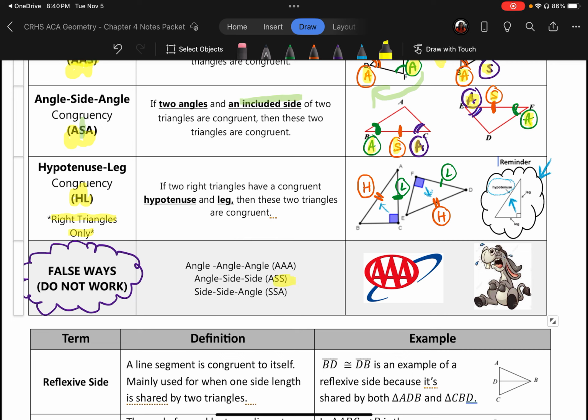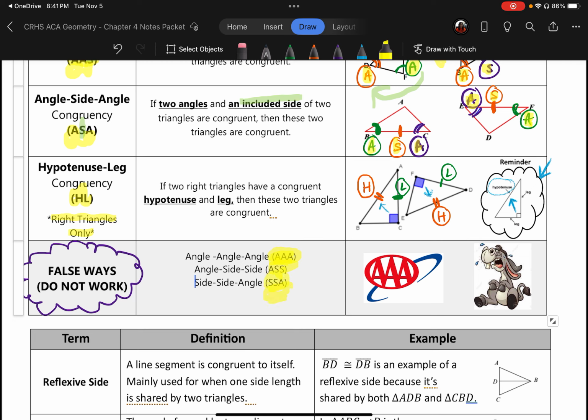If you get angle, angle, angle, then that does not work. The other one that doesn't work is ASS. And then lastly, the last way that doesn't work is SSA, which is just ASS backwards.